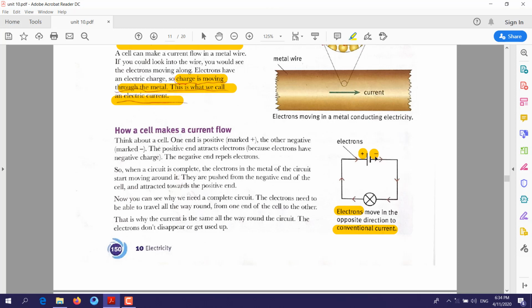Again, the electrons will be moved from the negative end to the positive. At the same time, the conventional current is the flow of positive charges from positive to the negative end.